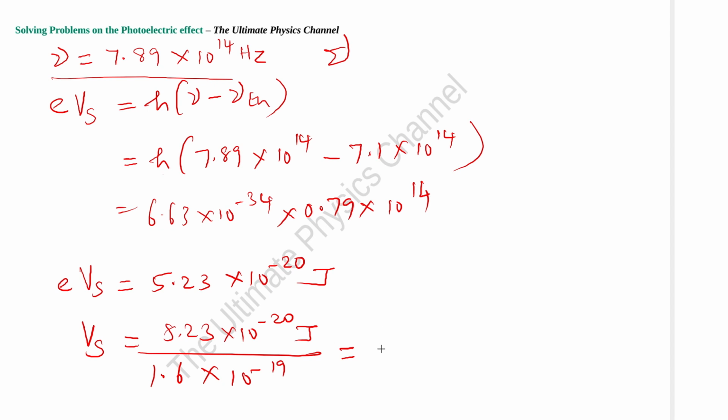We would get the stopping potential to be around 0.33 volts. Right, let's move on to the next problem.